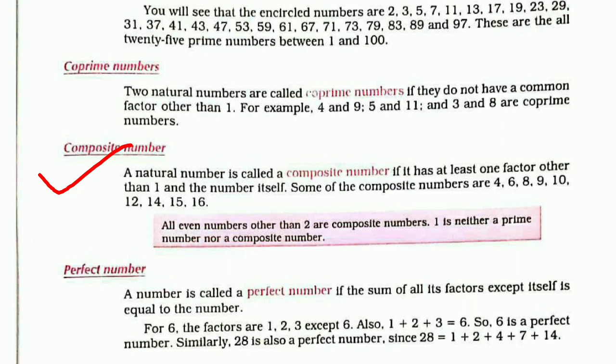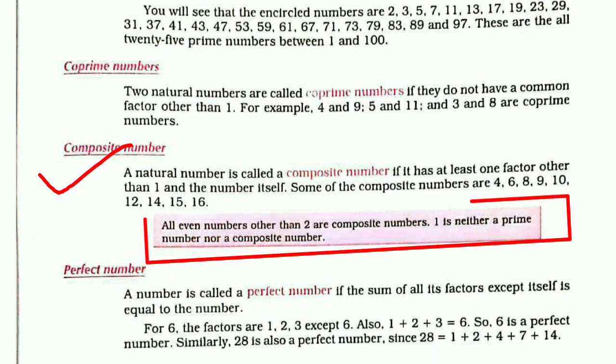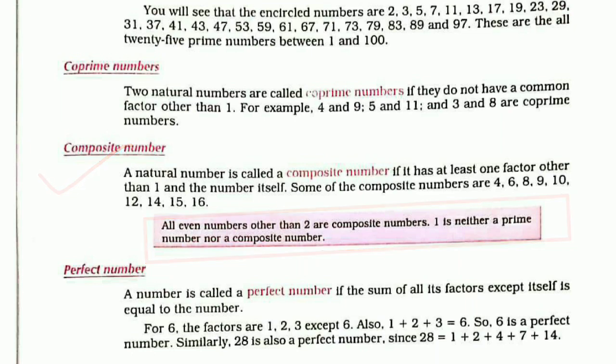Some of the composite numbers are 4, 6, 8, 9, 10, 12, 14, 15, 16. And one thing is important: all even numbers other than 2 are composite numbers. 1 is neither a prime number nor a composite number. So I hope now you can understand what prime numbers and composite numbers are.